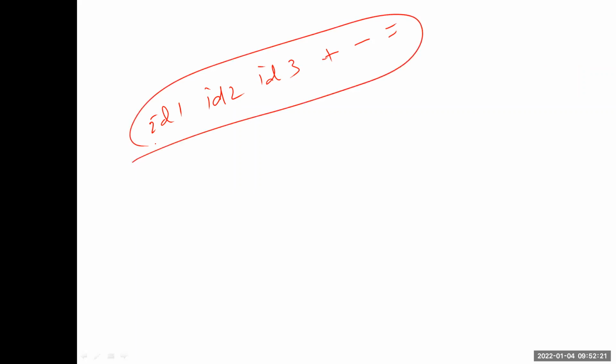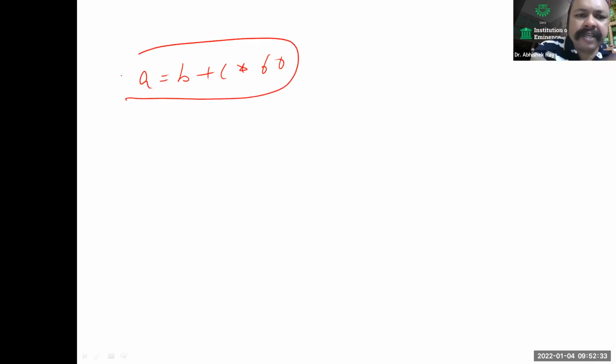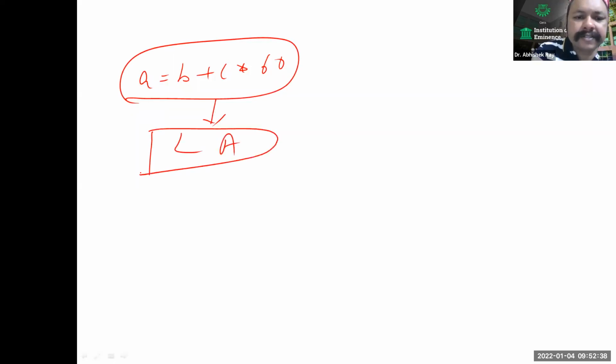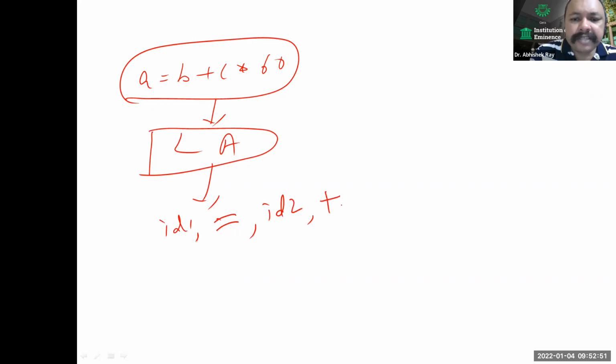ID1, ID2, ID3, plus, minus. Yes, sir. Okay. Now let me give a statement: A equals to B plus C multiplied with 60. This is the same statement as before. Now this is being given to the lexical analyzer. The lexical analyzer will generate ID1, equals to, next is ID2, next is plus, next is ID3, next is star, next is 60.